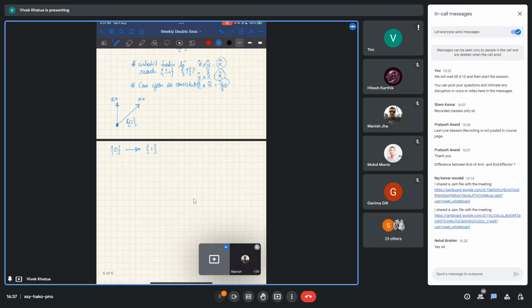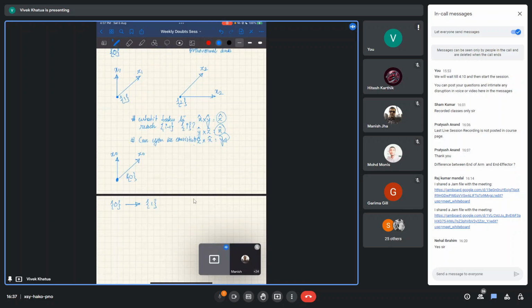Okay, so let me just explain it. Here you can see that about the x-axis, in terms of orientation, I don't have to do anything about the x0 axis to reach or to resemble the x1 axis.